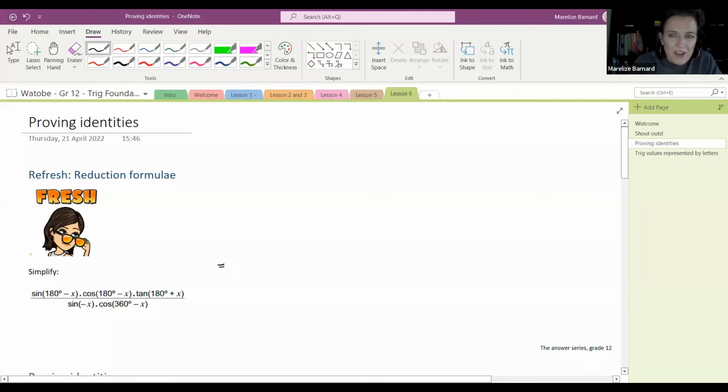Okay, so we are going to reduce sine 180 minus x to sine of x. Cos 180 minus x: cos in the second quadrant is negative, so negative cos x. We reduce it to that. Tan 180 plus x: 180 plus x is the third quadrant, and tan is positive in the third quadrant.